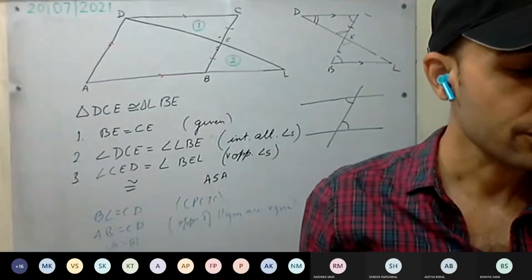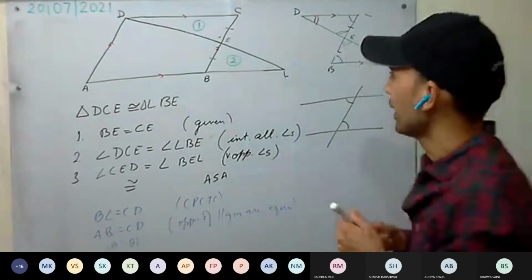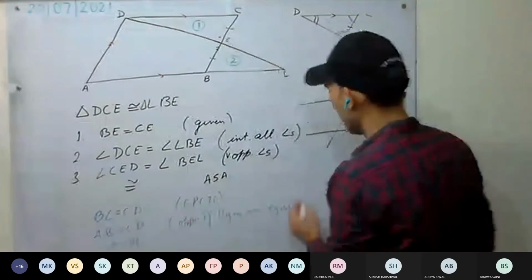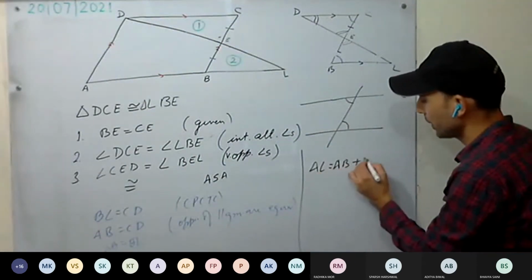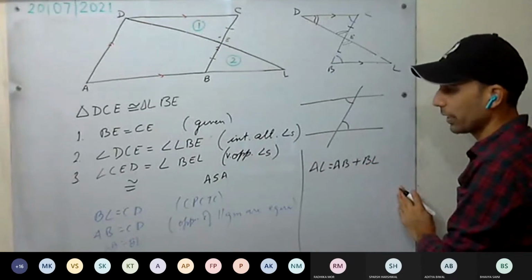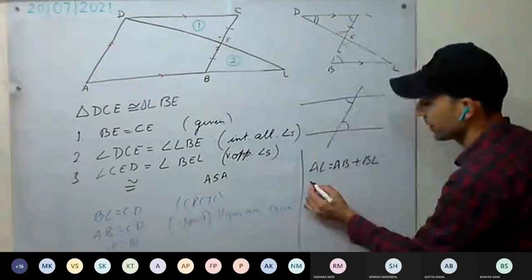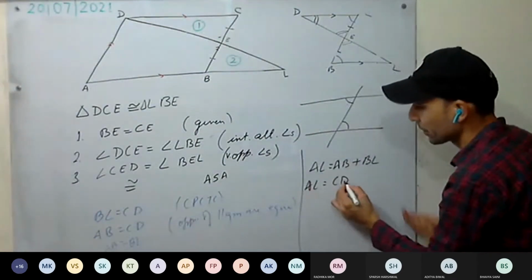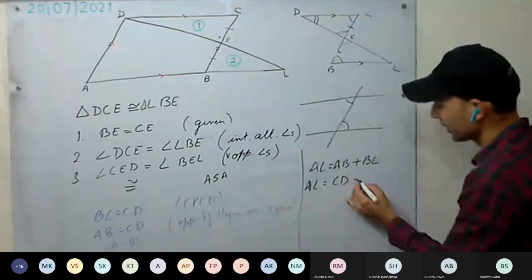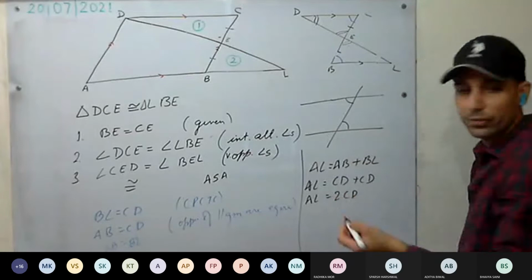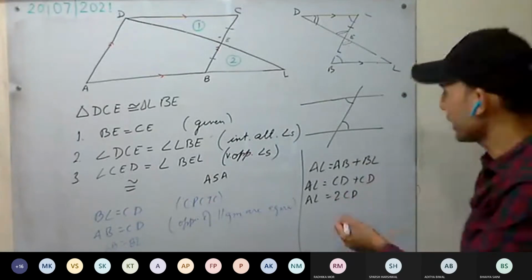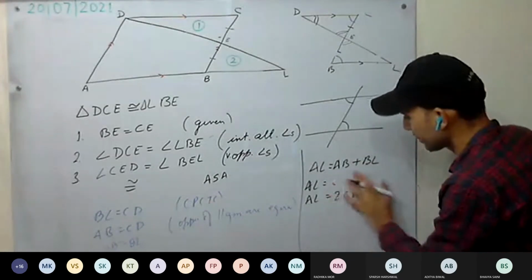Next one, AL equal to 2DC. What is AL? AL equal to AB plus BL. What is AB? CD. What is BL? CD. So AL equal to 2CD, or we can write DC.